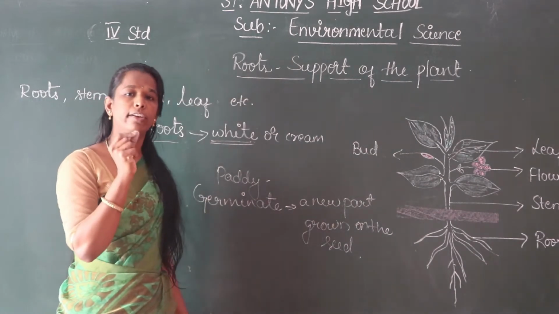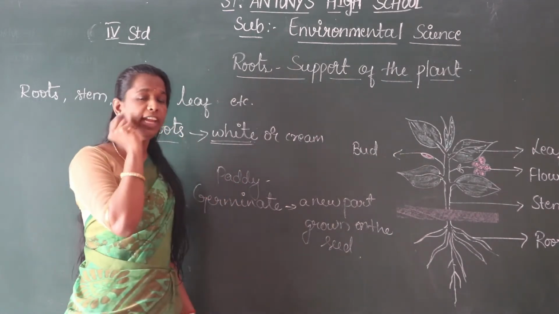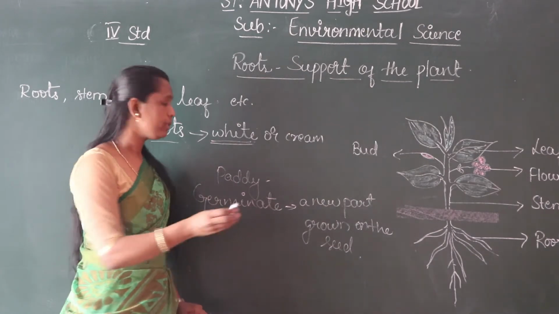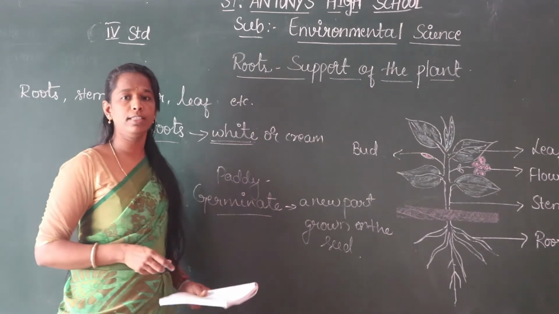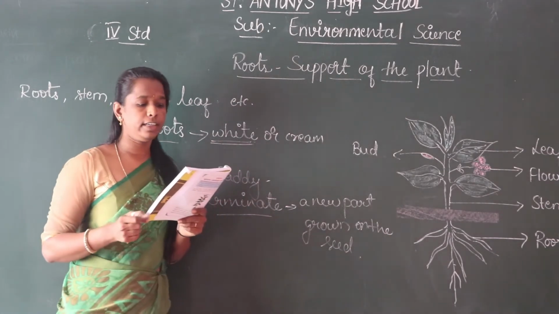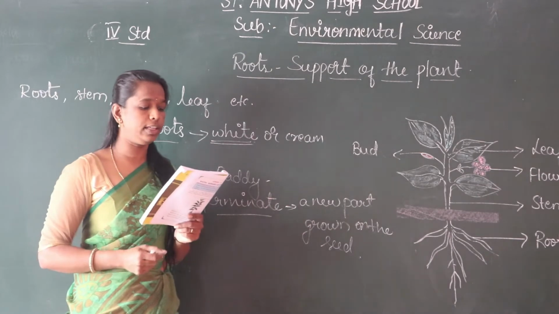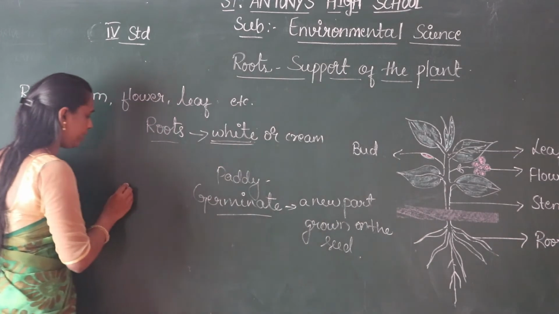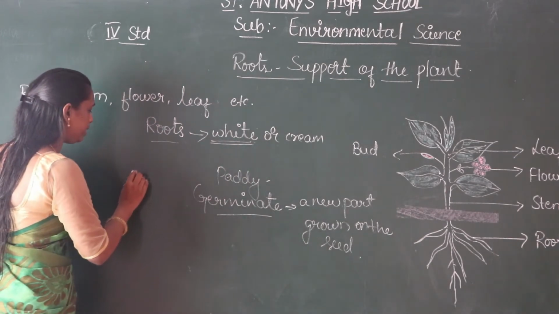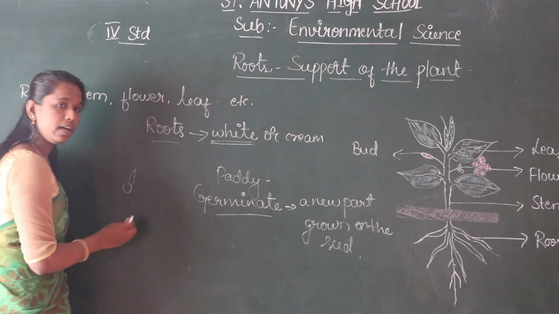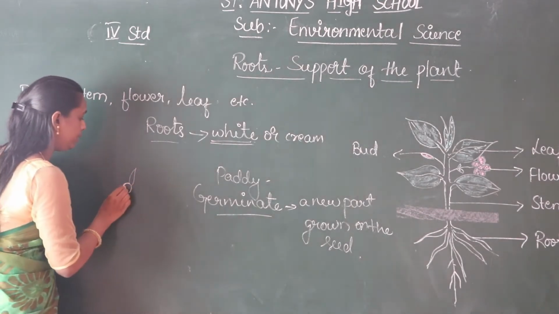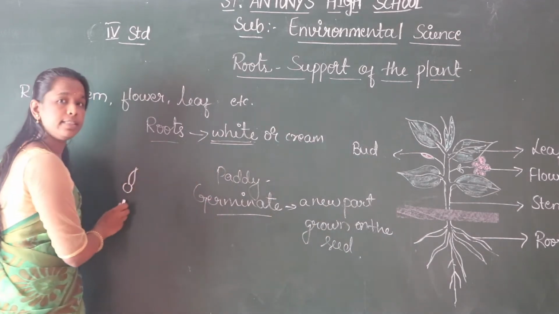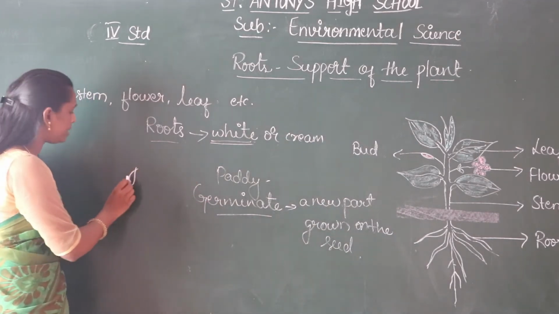So we have already taken ragi. A new part, a white structure, will grow on the ragi. For example, this is a ragi seed. We see the germination of the seed and observe a new part grown on this ragi seed. So this is called germination.